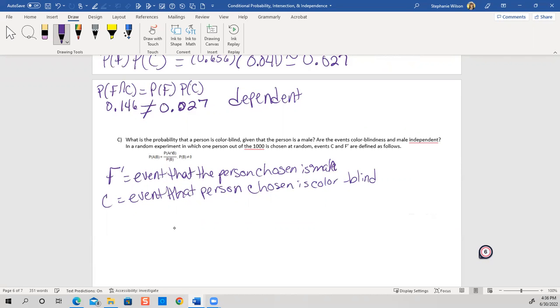Okay, so now let's use this formula. We have our probability of colorblind given males. So we want to see if they intersect, and if so, what is that number? And then we want the total for the males. Well, let's look.